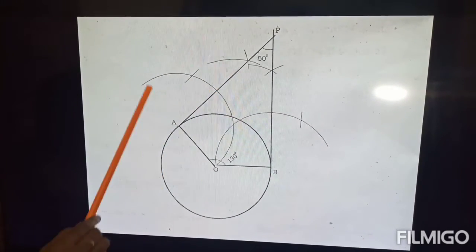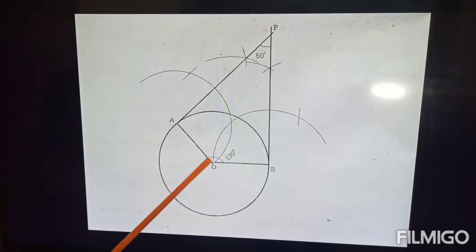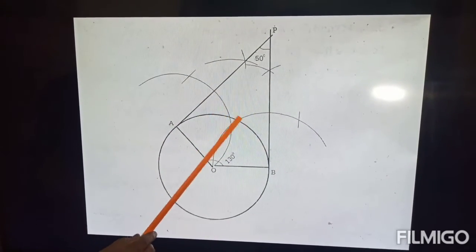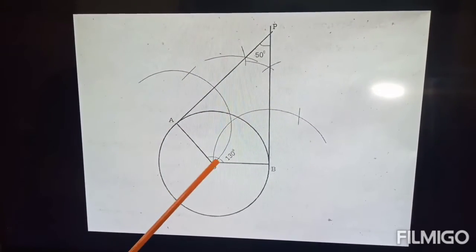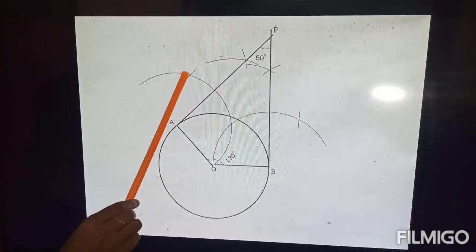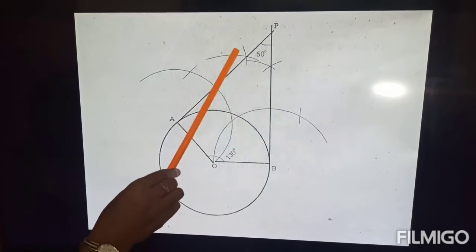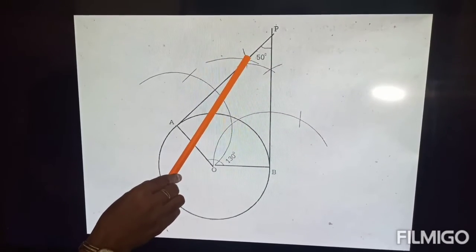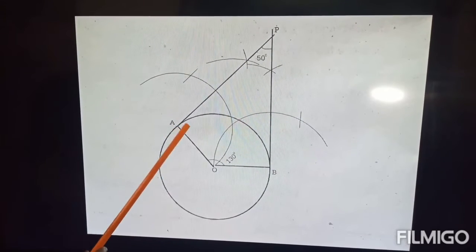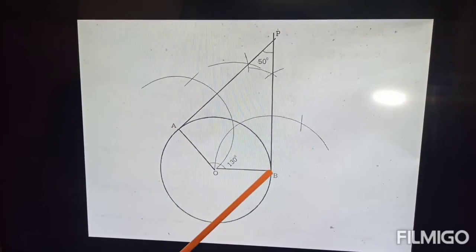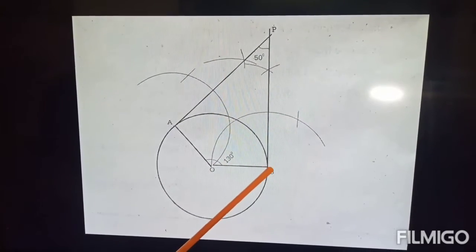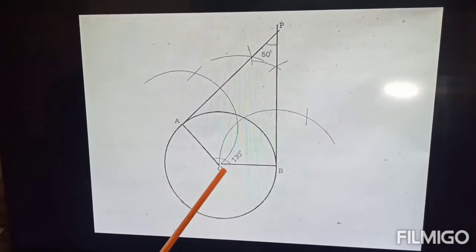I have to draw the perpendicular lines. Okay, by drawing a semicircle on this point, I have to cut two arcs with the same measurement, and then from these two arcs, both are intersecting at this point. I have to join this intersecting point with A, and the same thing I have to do at point B. There also construct a perpendicular line like this.